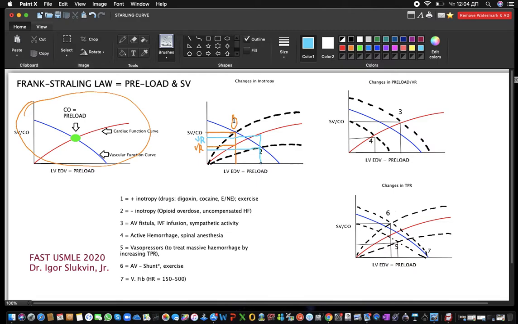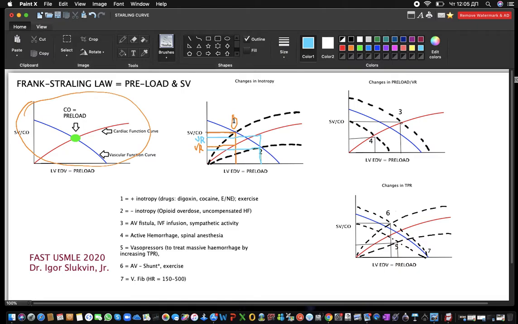That's what heart failure is, and you're basically ending up with a higher end diastolic volume due to negative inotropy.